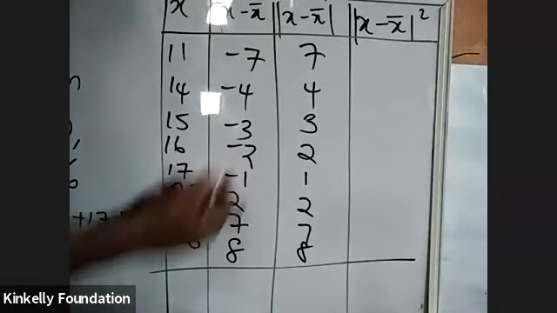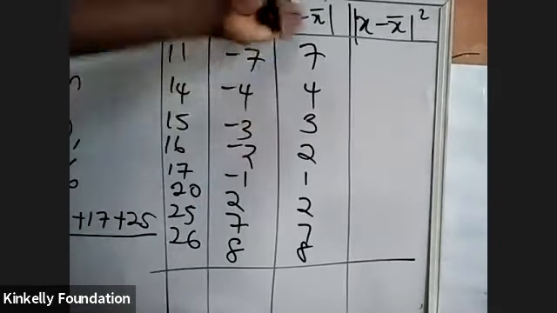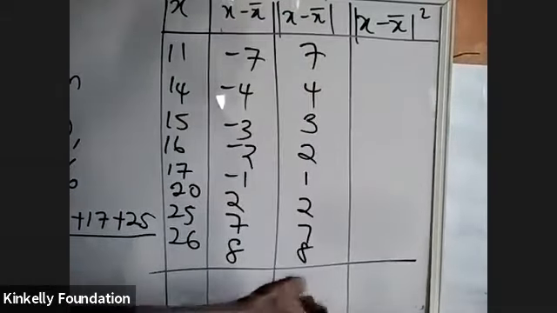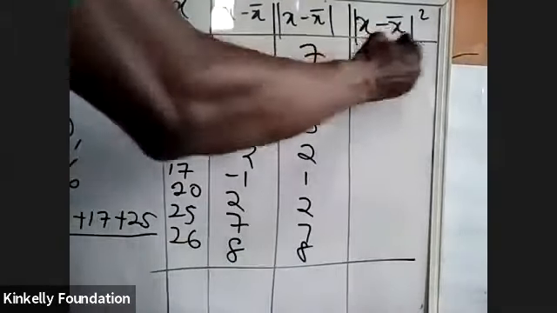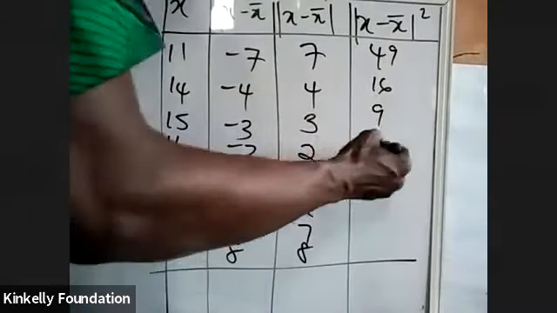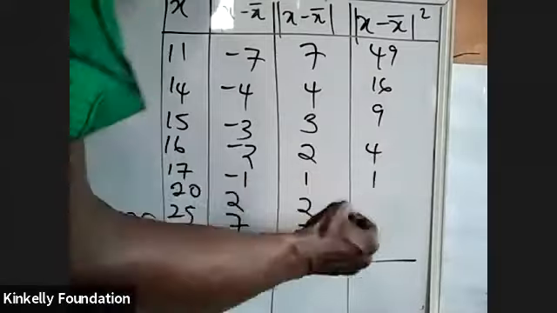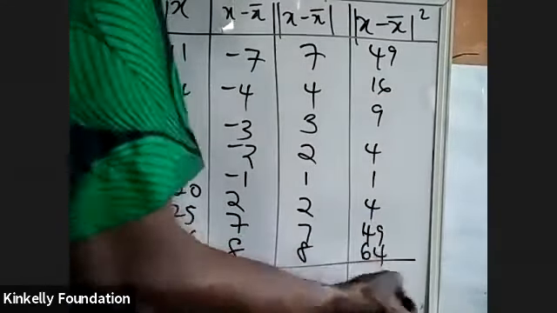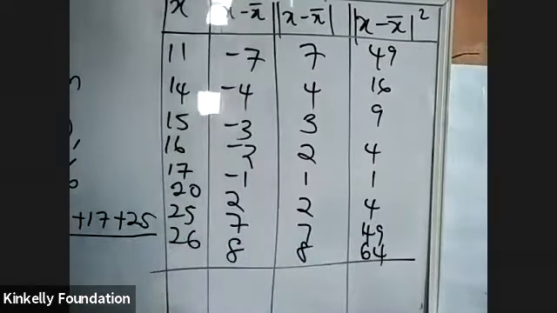For the mean deviation, you add these and get the mean deviation. The squares of these are 9, 4, 49, 9, 16, 4, 1, 49. You also sum them and get the value, which is 196.